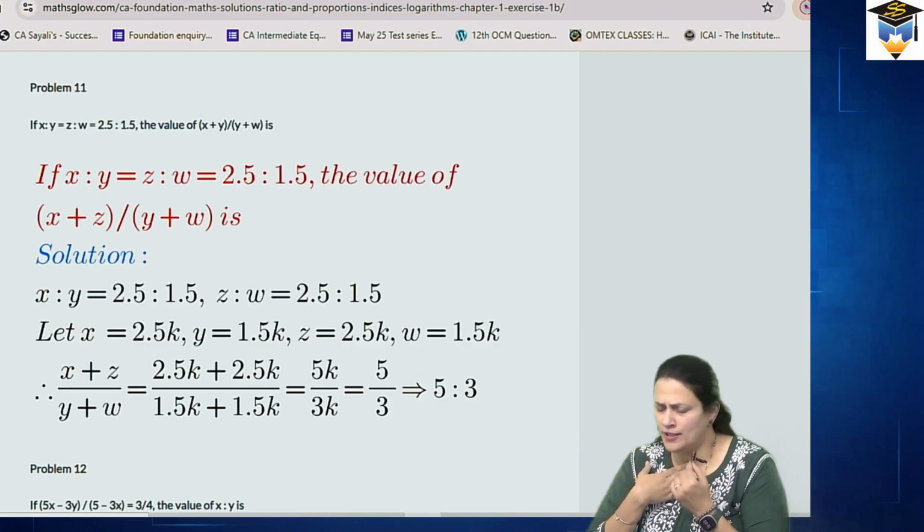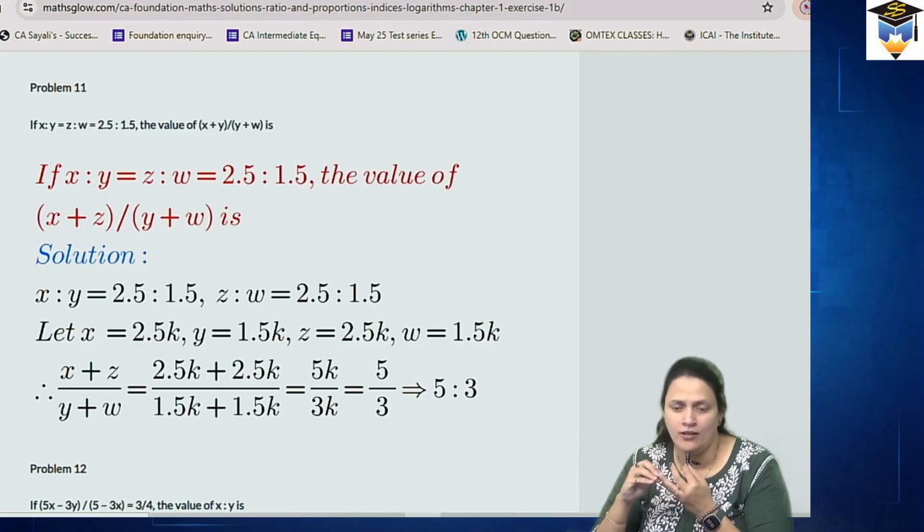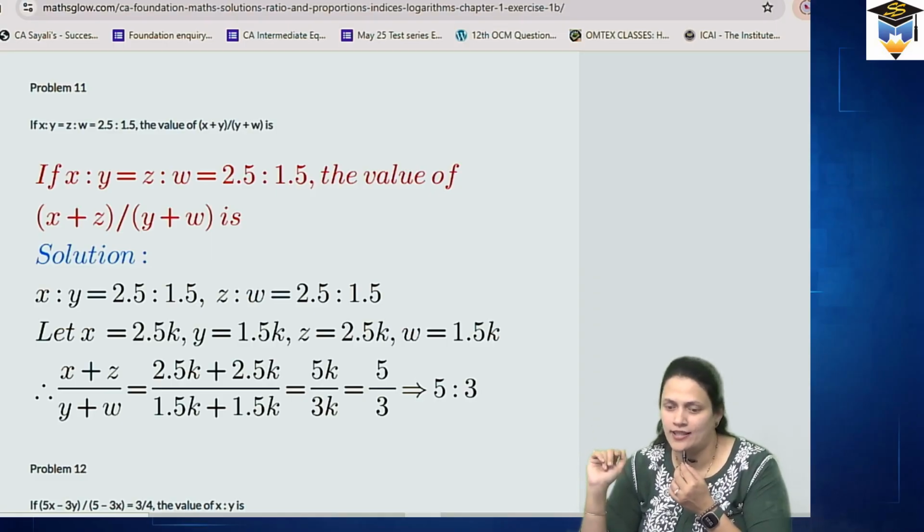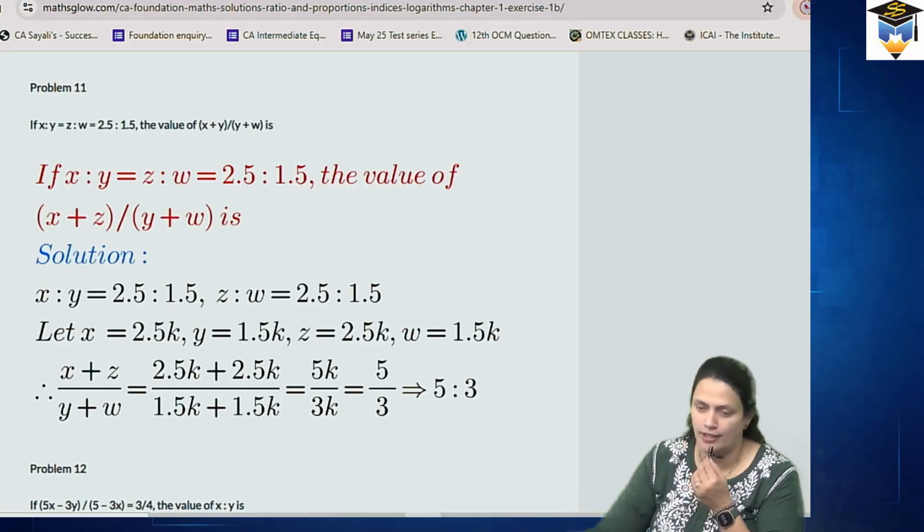Again, W is equal to 1.5K. So you have to add those two values, X plus Z, that is 2.5K plus 2.5K, that is 5K. Y plus W is taken as 1.5 plus 1.5, that is 3. K gets cut, so 5 is to 3 is the correct option. So problem 11, option C. C is the correct option.